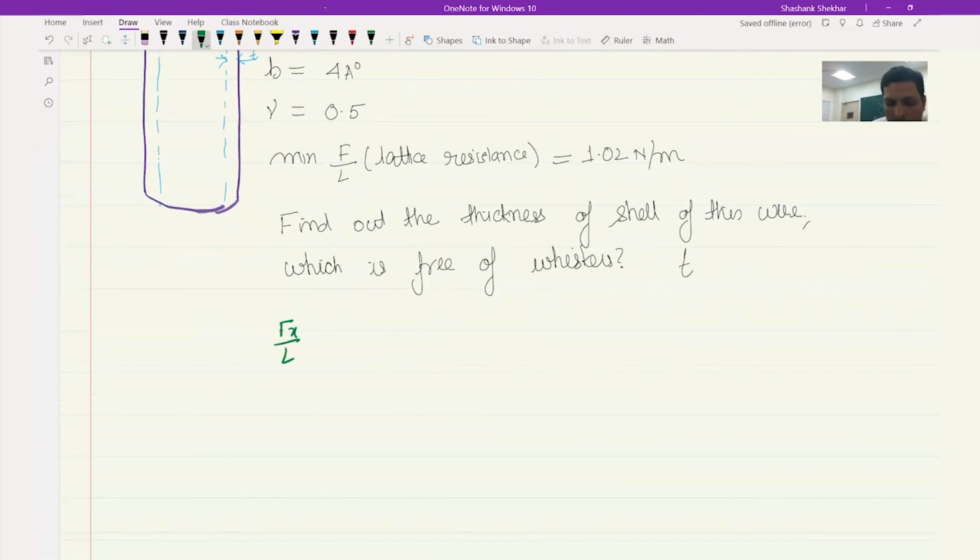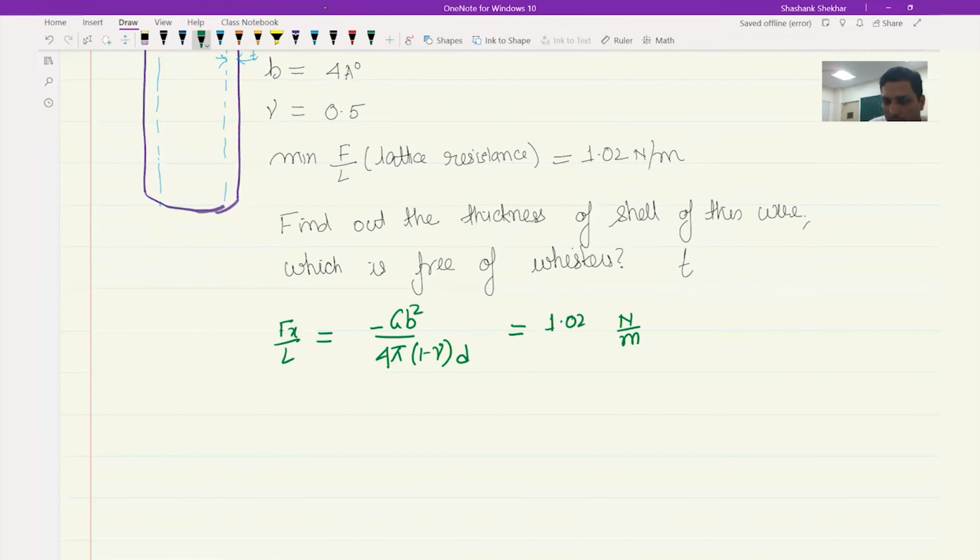So F by L, we already know, is given by G b squared over 4 pi (1 minus nu) d. This is the force acting on the dislocation, and it is equal to 1.02 Newton per meter.